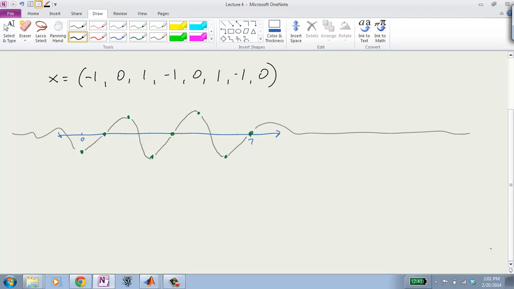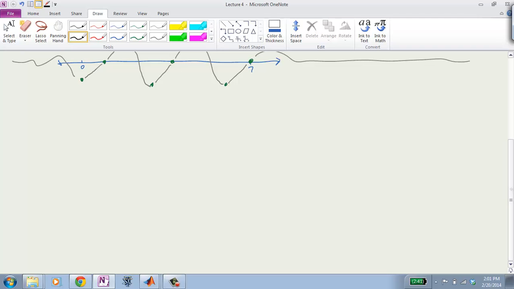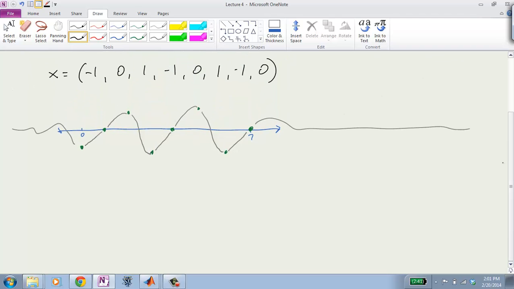And so the way to do that would be to imagine that this vector is one period of a periodic signal. Okay? So if we interpret that vector as one period of a periodic signal, that interpretation makes the periodic signal look like this. And then it would repeat, right?